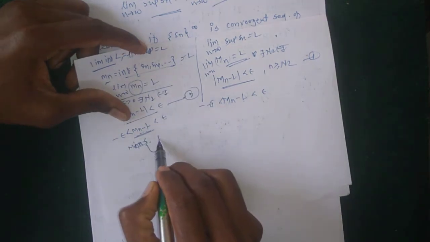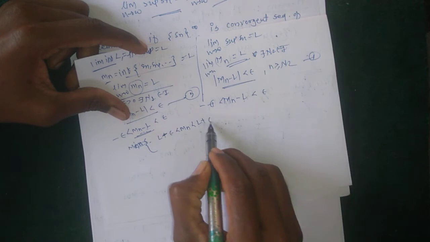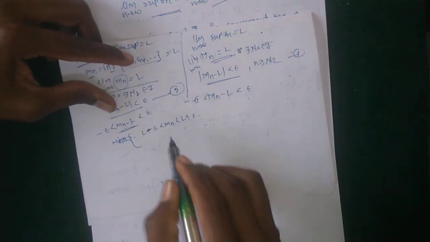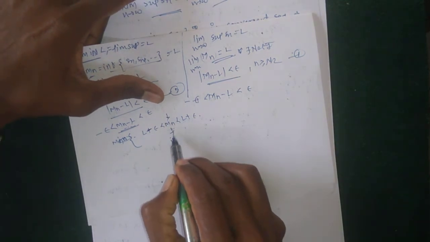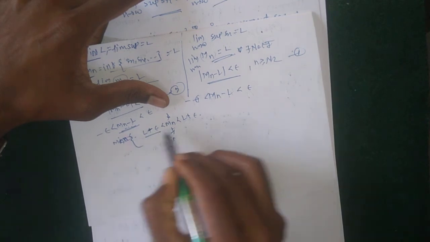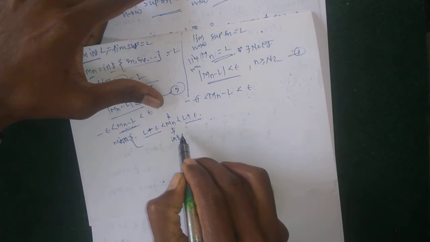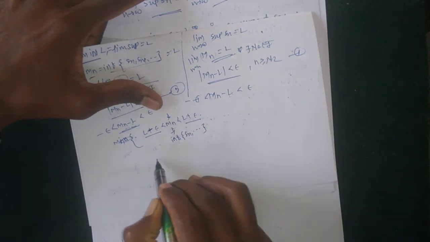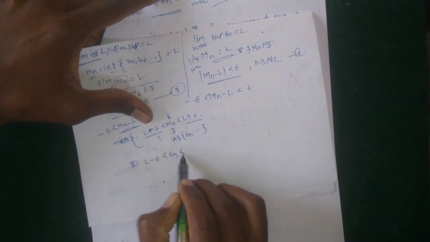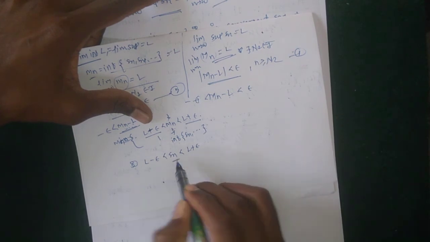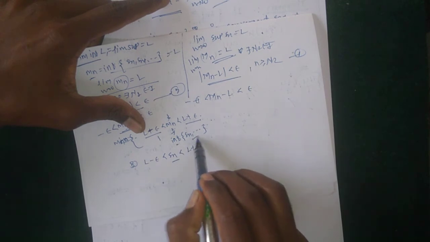So rearranging this, L minus epsilon is less than small mn less than L plus epsilon, which implies that all terms of mn lie in between L minus epsilon and L plus epsilon. Therefore, mn is the infimum of Sn plus 1 up to so on, which is written in the form L minus epsilon is less than Sn less than L plus epsilon, because the infimum of mn is the infimum of all these terms.